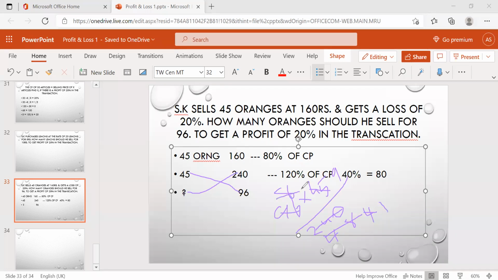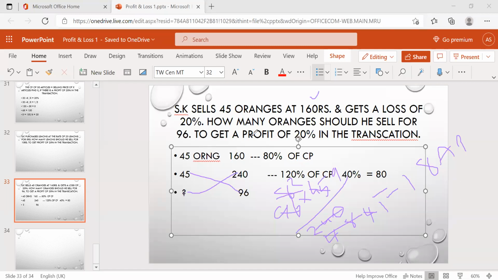So 2 into 9 equal to 18 oranges he can sell at 96 rupees. So actually first 45 oranges is 160 rupees. You can say directly, simplifications.